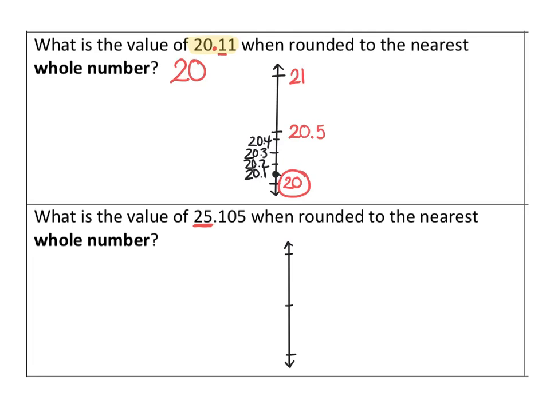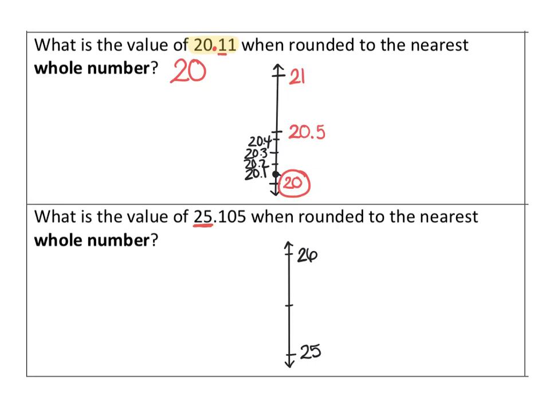Make sure that you include your midpoint. So if 25 is our whole number, we know that 25 and this decimal are going to either round down to 25 or up to, what is 1 more than 25? 26.